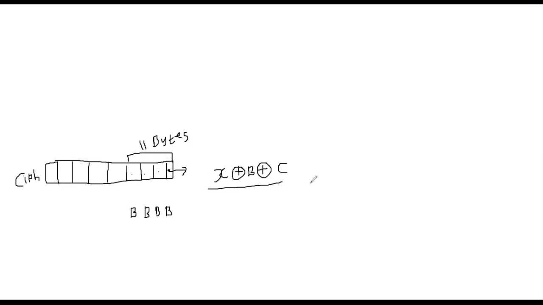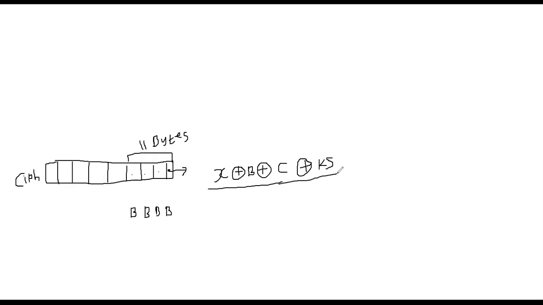When the decryption oracle decrypts it, it's going to XOR this whole thing with the key stream, which people usually call KS.